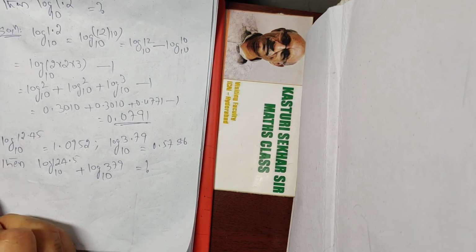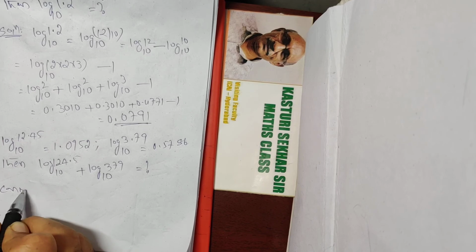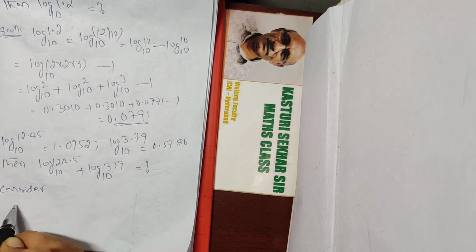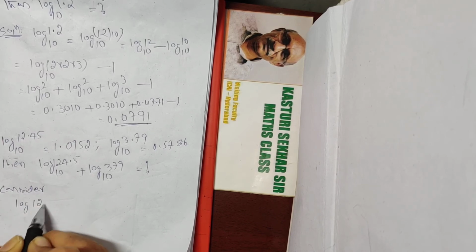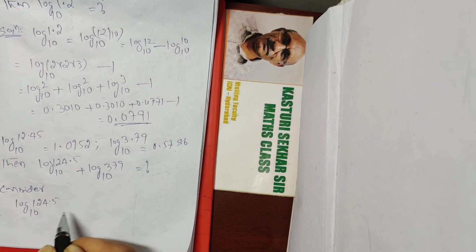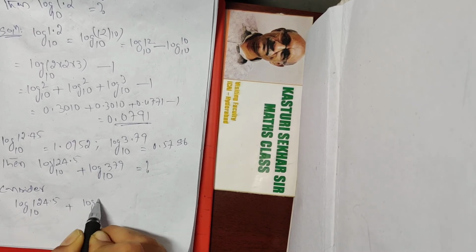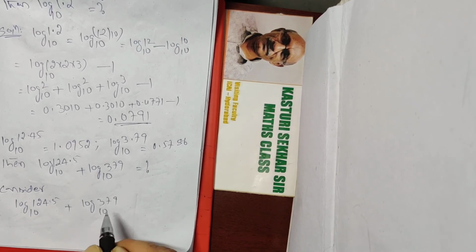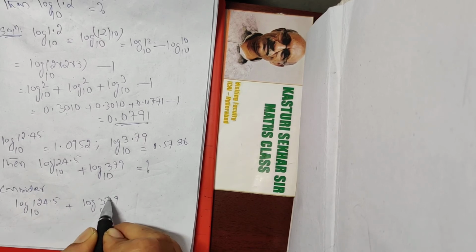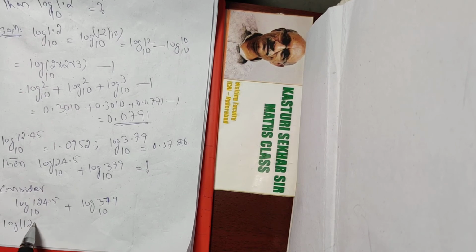Okay. Now consider log 124.5 to the base 10 plus log 379 to the base 10. This can be written as log of 12.45 into 10 plus log of 3.79 into 100.